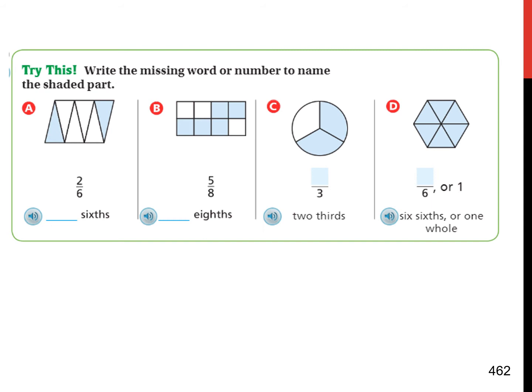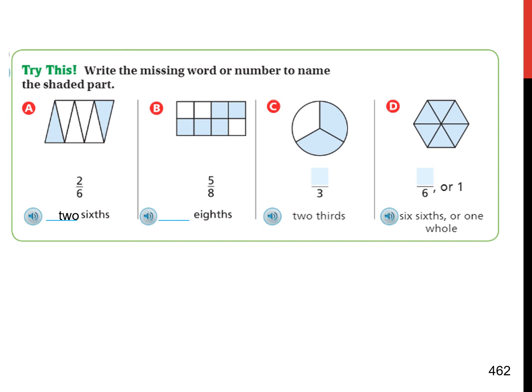So it is 2/6. Look at B. The shape is divided into 8 equal parts. How many shaded parts are there? Yes, there are 5 out of 8.